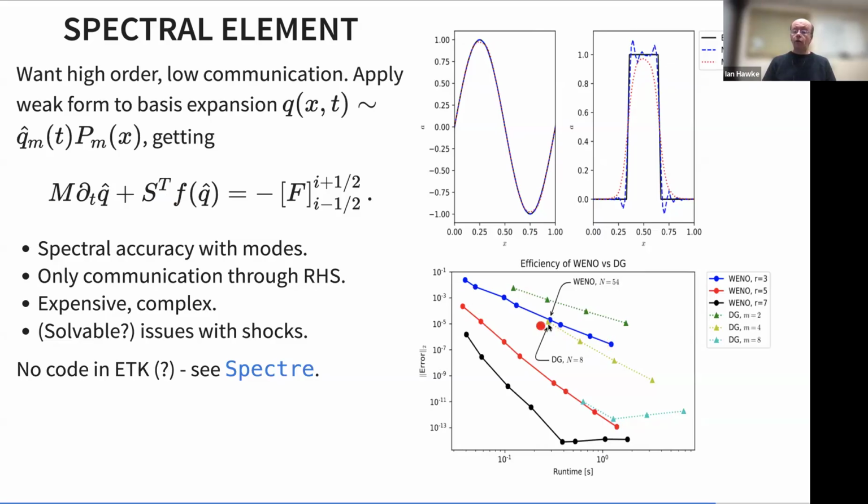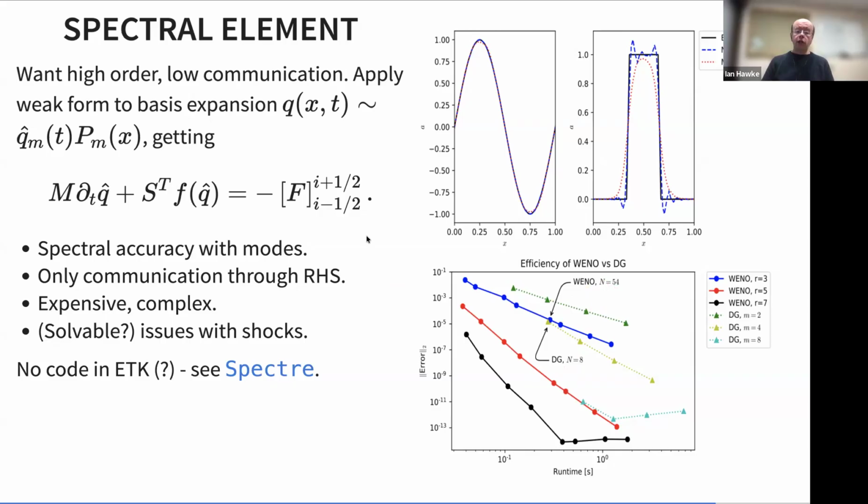And we can see for comparable convergence rates, so that would be the blue and yellow line here, or the red and blue line here, there's actually little to choose between the DG and the WENO methods. This is where using cell counts obviously is very misleading, because the cost per cell of DG is so much higher than the cost per cell of WENO methods.